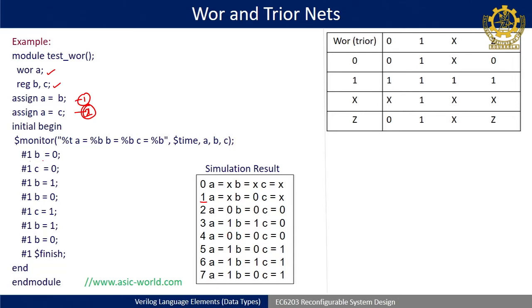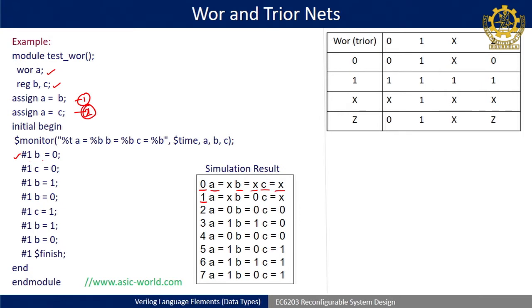So, this is my simulation result. If you run it, you will get this. So, at 0, actually what is the value of A, B and C? As I told you, by default a register will have a value of X if it is not defined. Okay. By default a net will have a value of Z if it is not defined or if it is not connected. Okay. So, as we have defined B and C as registers, here B is X and C is also X, because my simulation starts with #1, but before #1 the value is not defined.